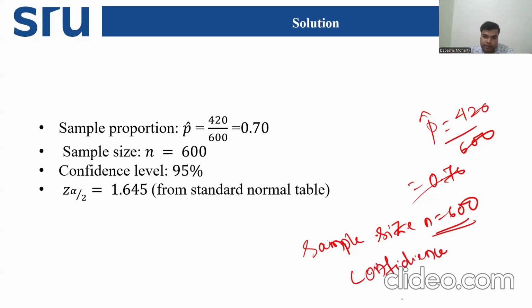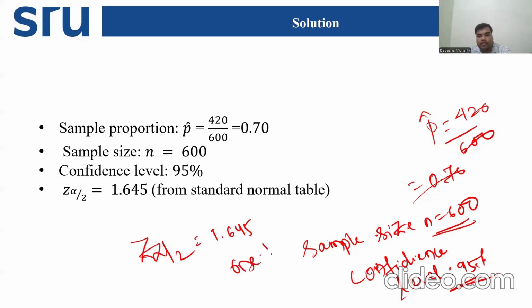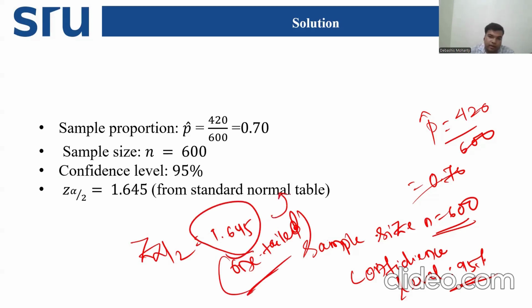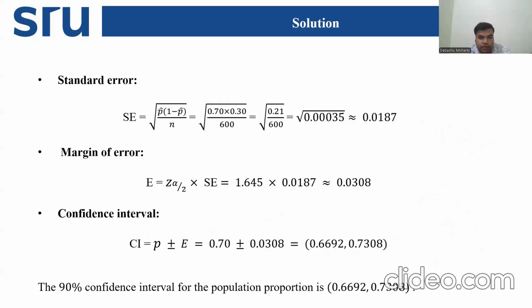Confidence level given there is 95%. So the Z alpha by 2 will be 1.645, from the standard normal table. We are getting this value.